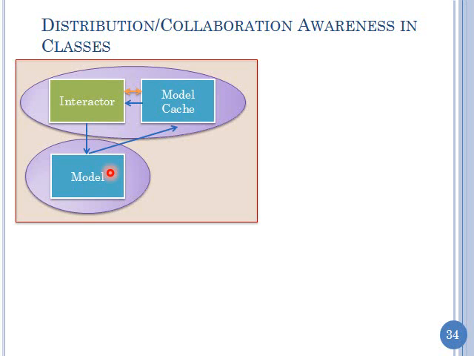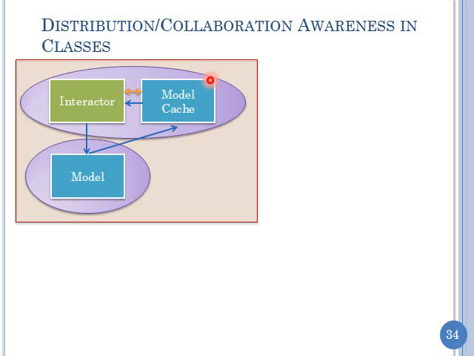So in this case, let's talk of distribution collaboration awareness. We talked of awareness and transparency earlier, that a module is transparent to something if it's oblivious to that thing. So a module is transparent to distribution if it does not even know that there's distribution going on. It's oblivious to collaboration if it doesn't know there's collaboration going on.